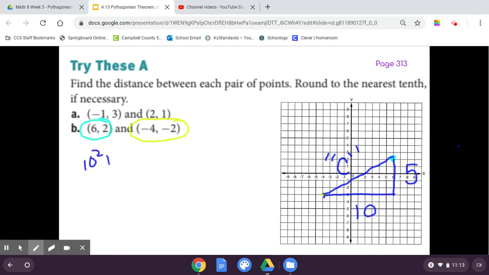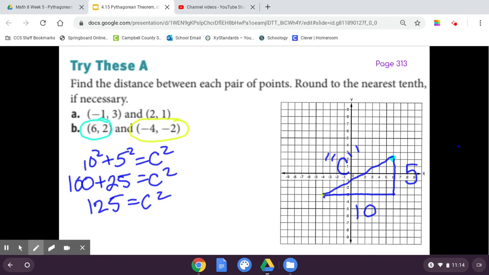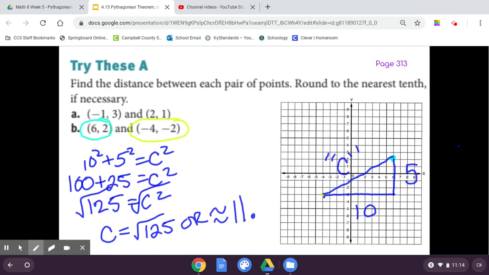So 10 squared plus 5 squared equals C squared. 100 plus 25 equals C squared. 125 equals C squared, which we know is not a perfect root. So we're still going to take the square root on both sides, and C is equal to the square root of 125, or it's approximately 11.2.